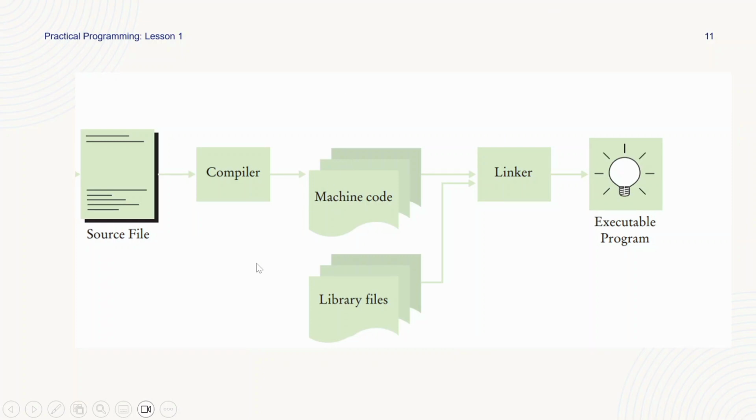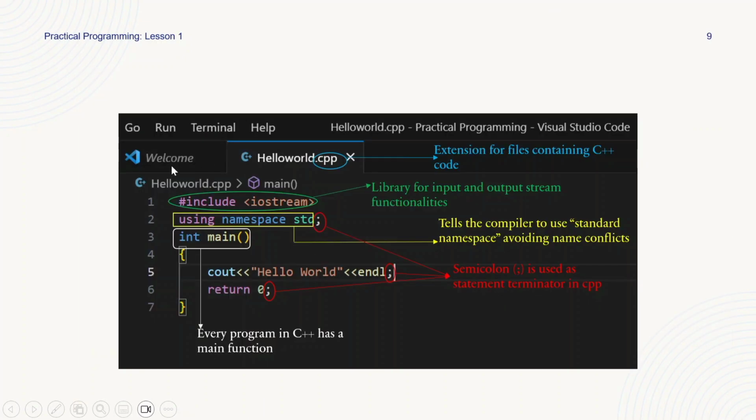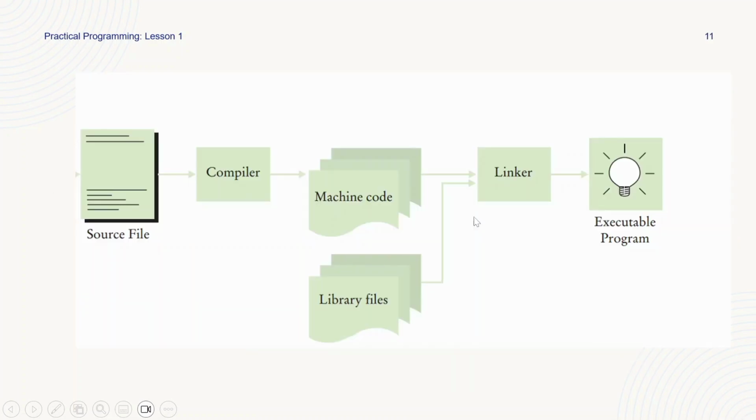By source code we mean the code we have written. This code cannot be directly understood by the computer. As I have mentioned earlier, the computer only understands zeros and ones. So the compiler takes the source code and transforms it into machine code, and then the linker includes the libraries, and it then forms an executable file.